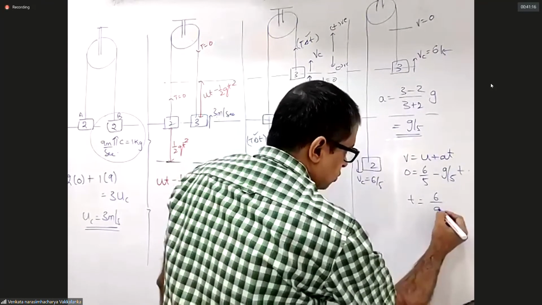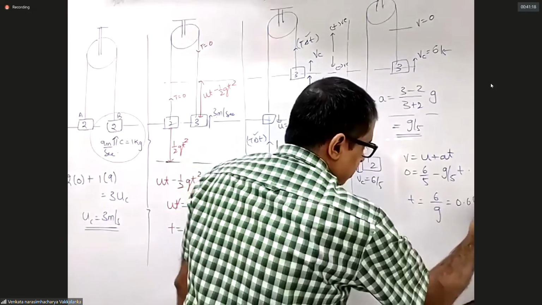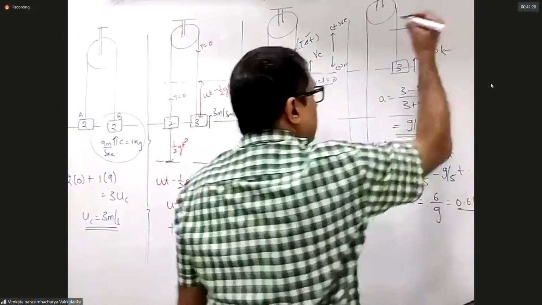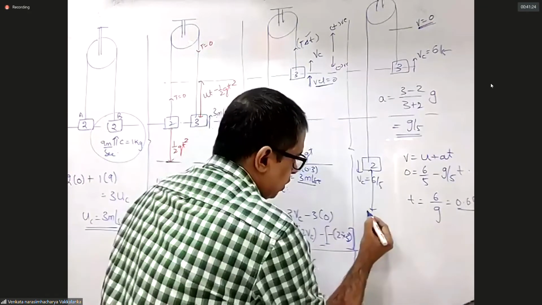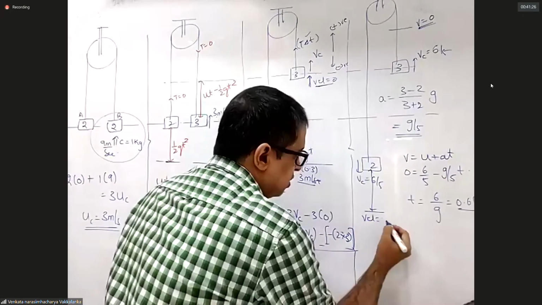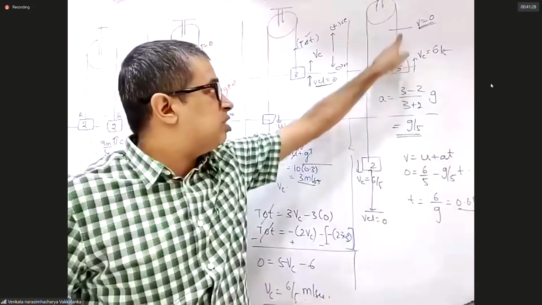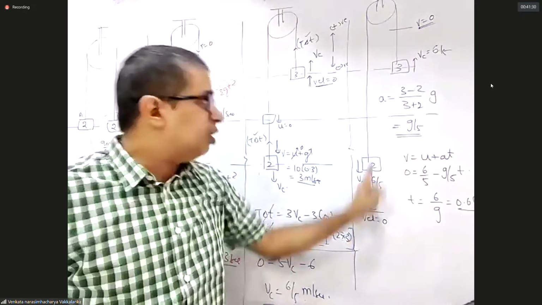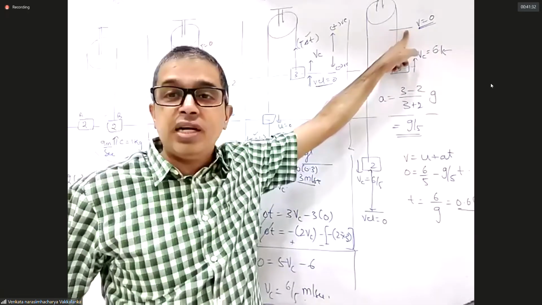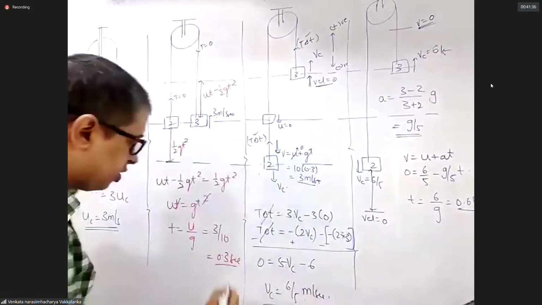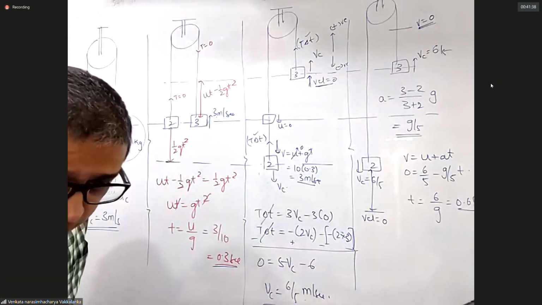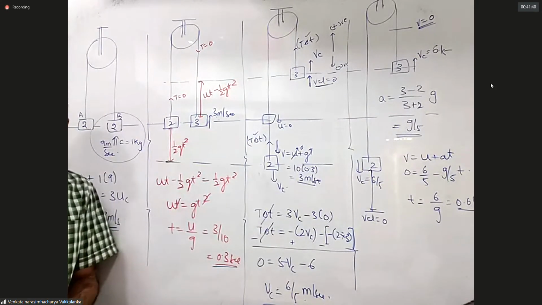T is 6 by g. 0.6 seconds after that it will come to rest. This will also come to rest at the same instant, and from here this will go down, this will go up. What is the time after which it will start coming down? 0.6 plus 0.3, 0.9 seconds.